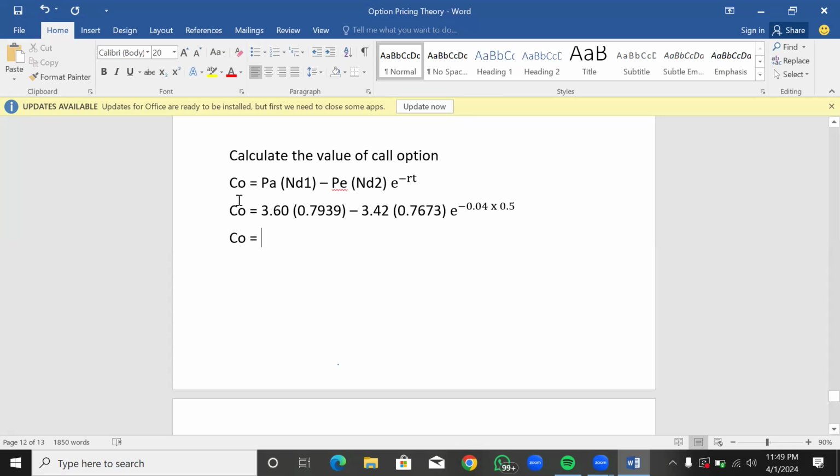So let's do one by one. This first one, what is my answer for this, 3.60 minus this thing? 2.858.